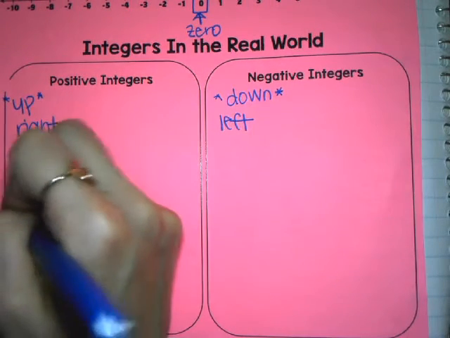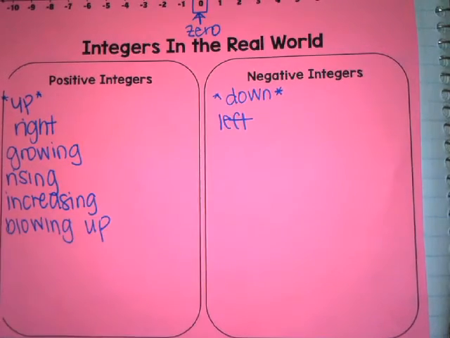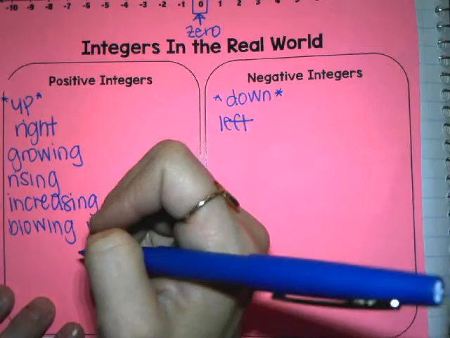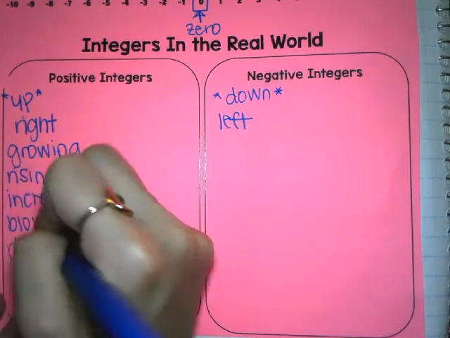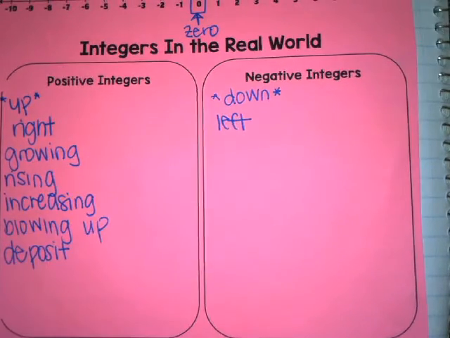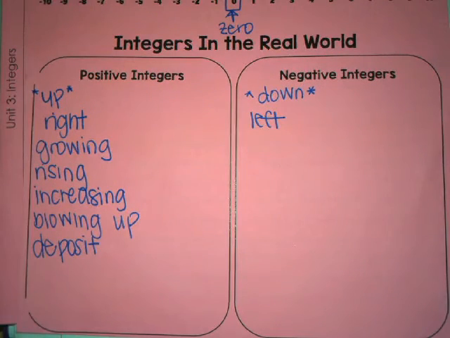Blowing up. Joe? Like a deposit. Absolutely, a deposit. Have you guys all heard that word before? When your parents talk about they deposited money into the bank account, they're putting money in, that makes their bank account go up. Deposit means goes up.